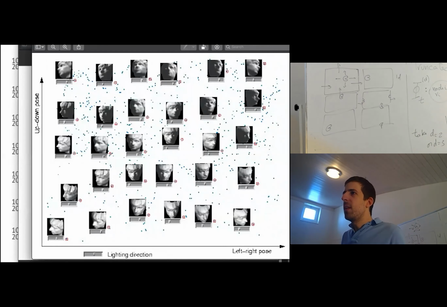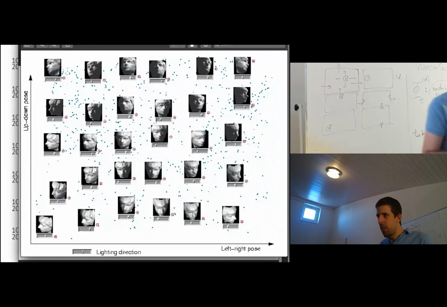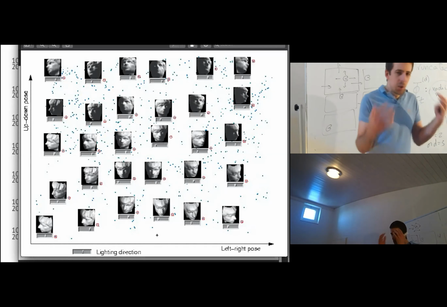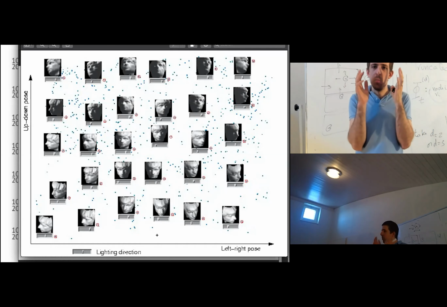Now if you look at this data set, and we do a diffusion-type embedding, in this case with Isomap, but it's a very similar idea, we see that the 2 dimensions that it learns are actually very interpretable, right? One, the up-down, is just up-down pose, and you can see it in these images. And left-right is just left-right pose. So it's learning the geometry of this set, not from all the pixels of the face, but by learning the parameters of the movement of the face, right?